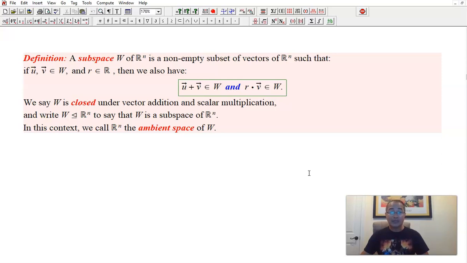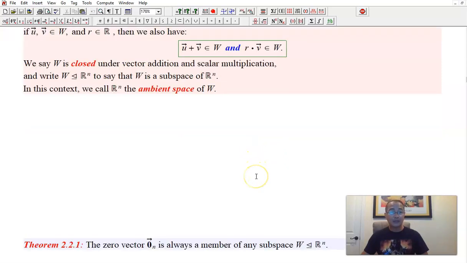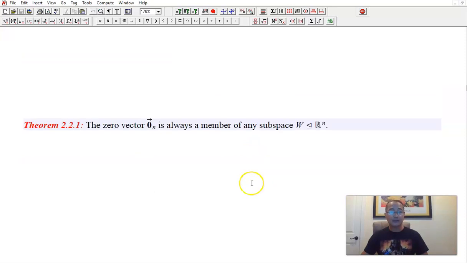Okay, so W is non-empty. It has at least one vector. So let's take any vector from W. And the definition says, if you multiply that vector by any scalar, that should still be in W. Well, the simplest scalar that we can think of is the number 0. And what happens when you multiply a vector by the number 0? You get the 0 vector. So the 0 vector is always a member of any subspace of Rn.